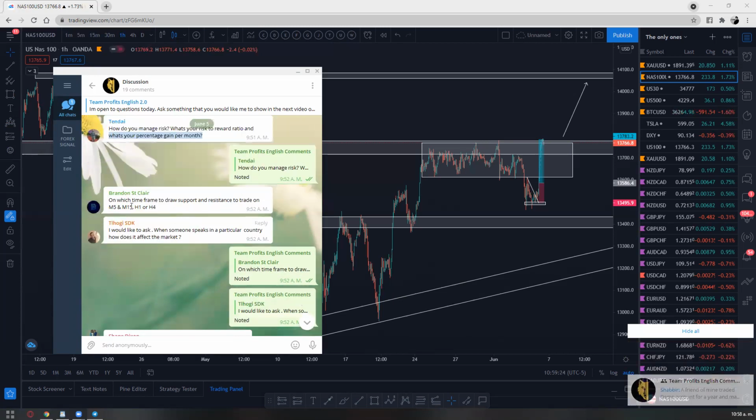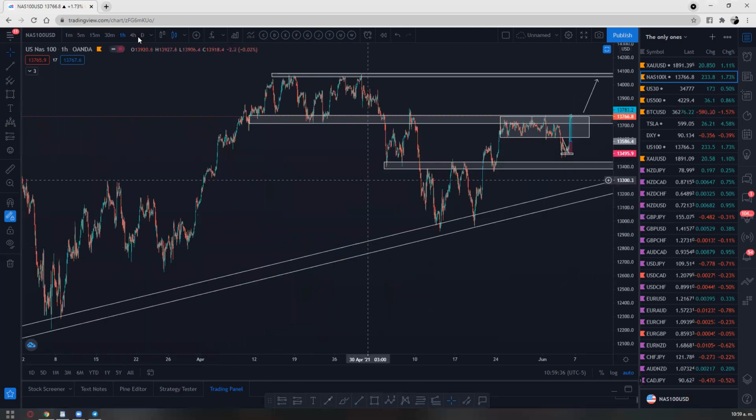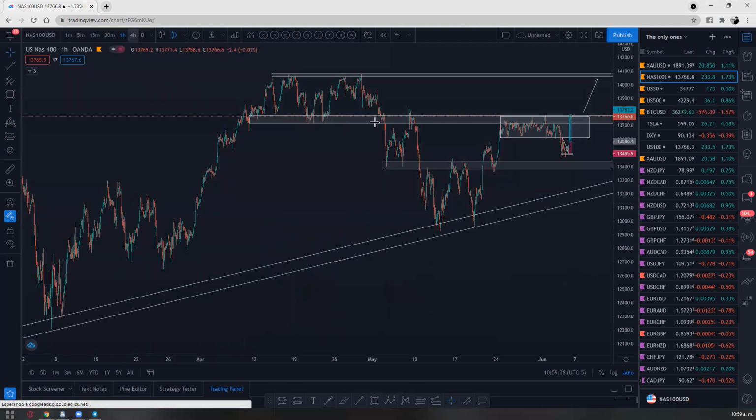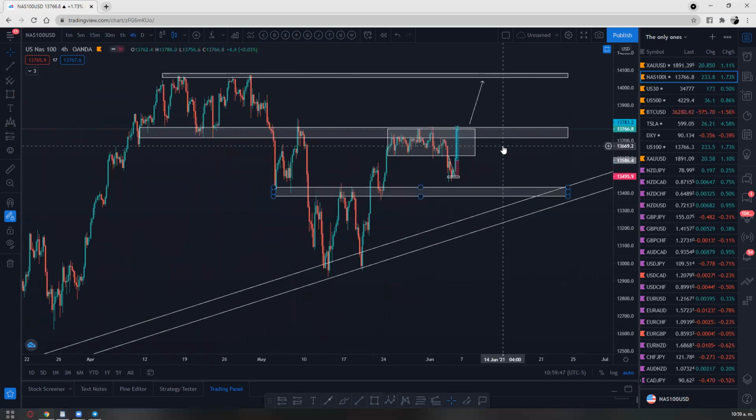Okay, let's see. On which time frame do you draw your support and resistance to trade on in 5? To answer that, it's by price action. You have to know where you're standing, right? It doesn't matter if you are on a currency, the Nasdaq, gold, whatever, usually you draw your lines on bigger time frames to know that there is a very strong support or resistance right there.